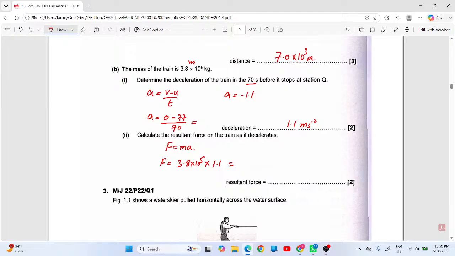Now check the answer: 4.2 × 10 to the power 5 Newton is the answer.